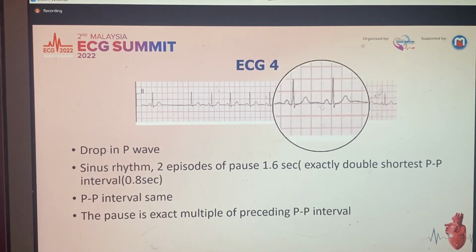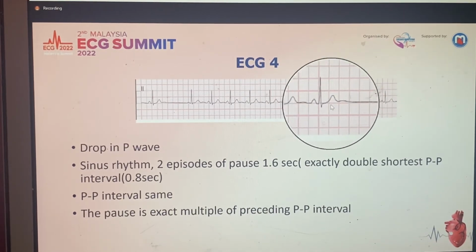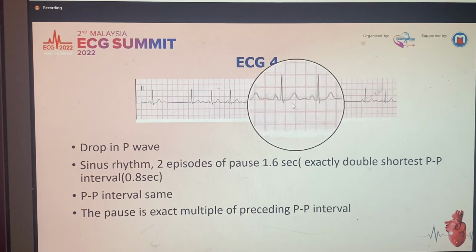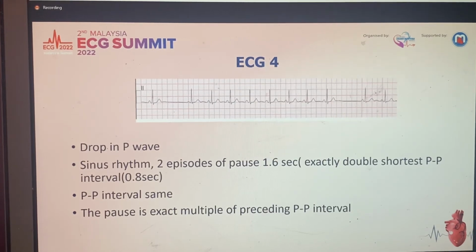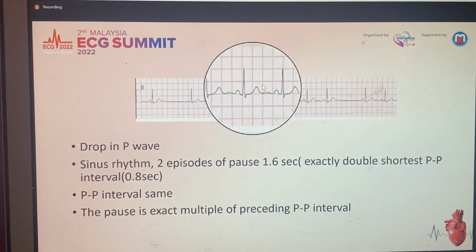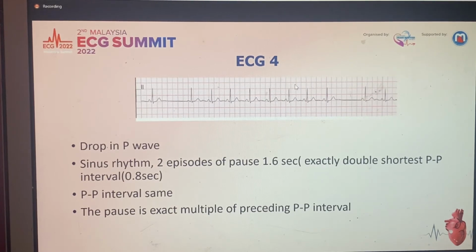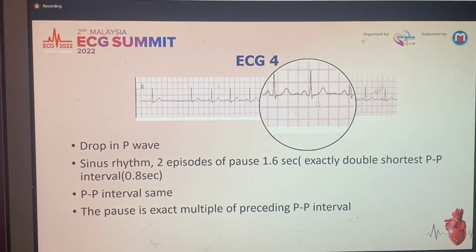And look at the P to P interval prior to the lost beat. You need to measure all the P to P intervals and get the shortest one. This P to P here and here are almost the same, around 0.8 second, which is half of the 1.6 seconds.